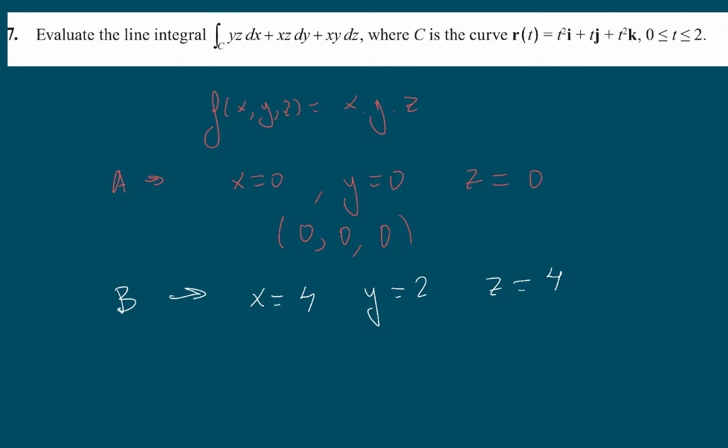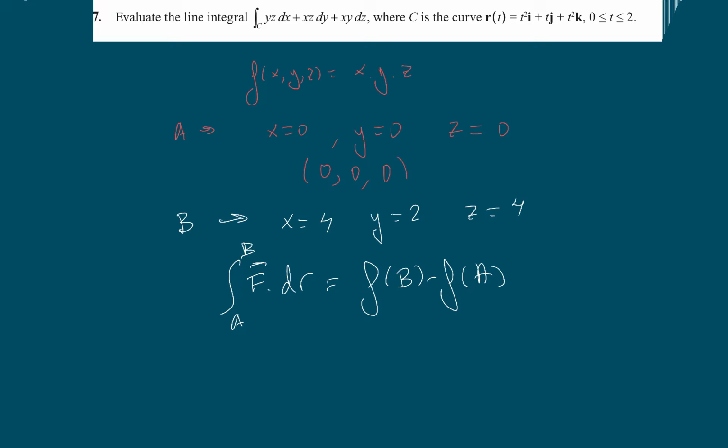And what is the problem asking? Make the line integral of F scalar dr. Who is F? F is yc i plus xc j plus xy k. So what is the line integral from going from the point A to the point B? Well, f of B minus f of A. f of the point B, which is (4, 2, 4), minus f of the point A, which is (0, 0, 0).